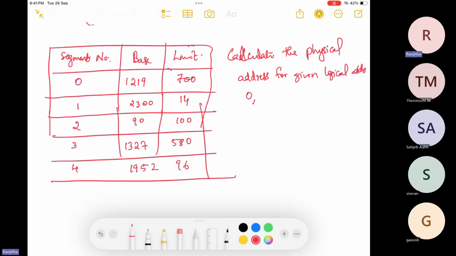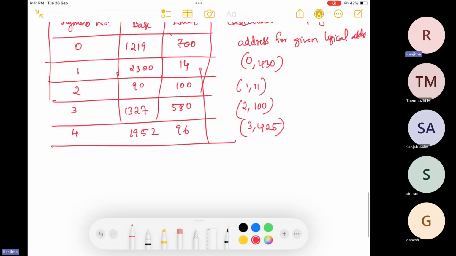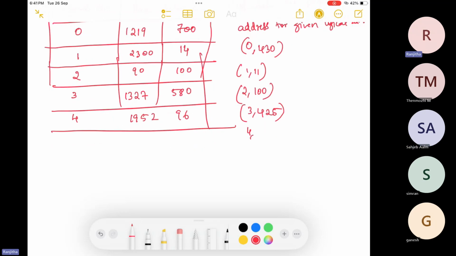One is 0,430, the other is 1,11, 2,100, 3,425 and 4,95. Okay, so how do we compute the physical address?